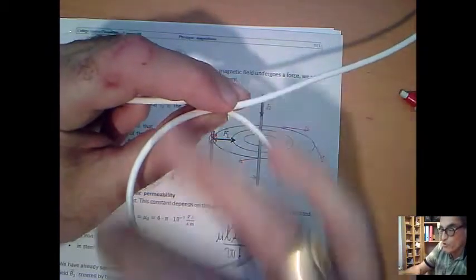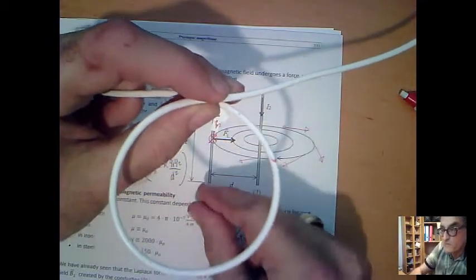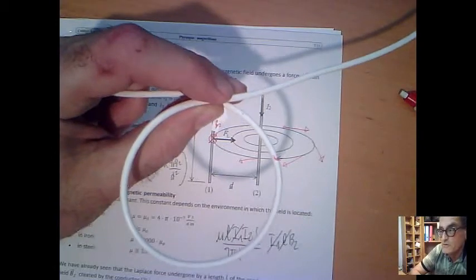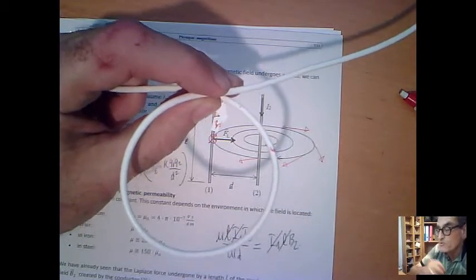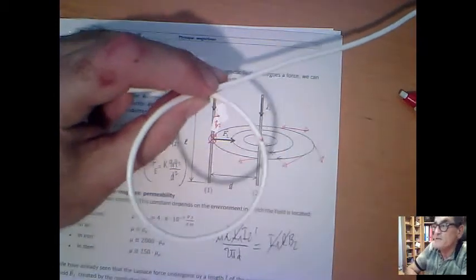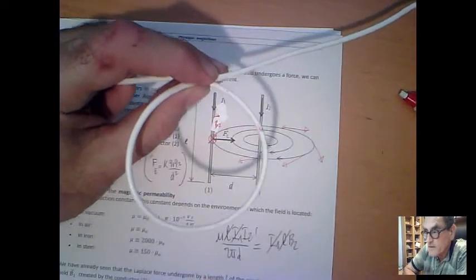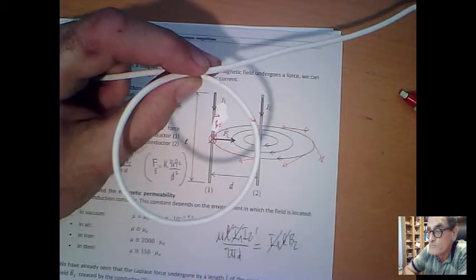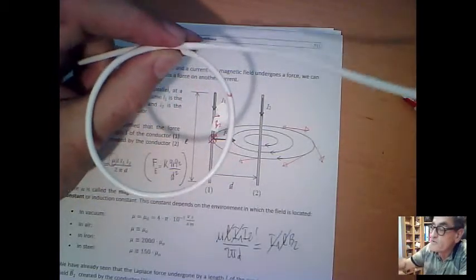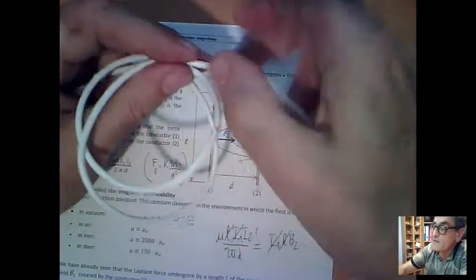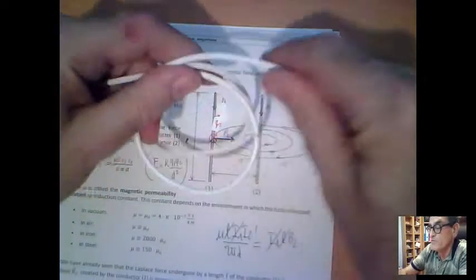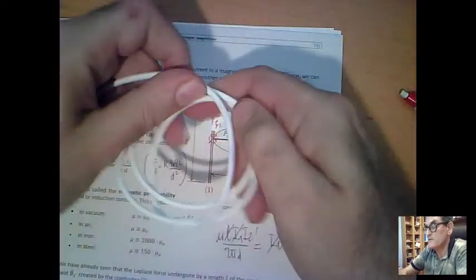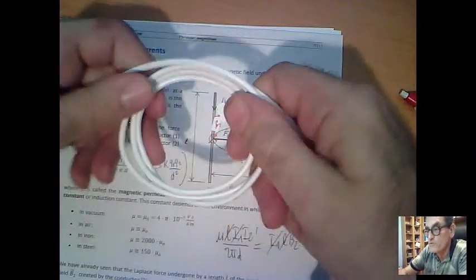And so the total on the loop will be a net magnetic field which is pointing down, okay? So this is a way to increase the intensity of the magnetic field by taking an electric cable and putting it on a loop, okay? And then, of course, if you want to make this more intense, you do 2 loops. And if you want to make it more intense, you do 3 loops and 4 loops and so on.